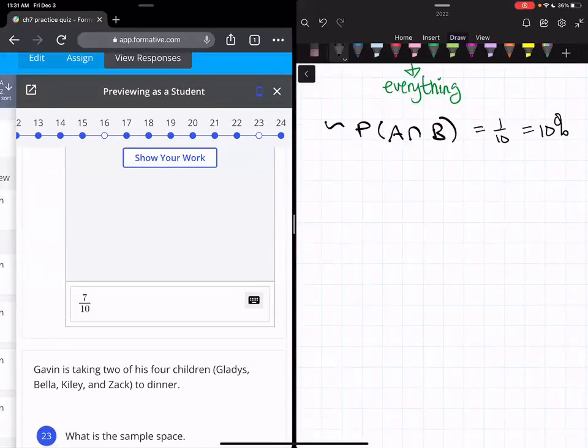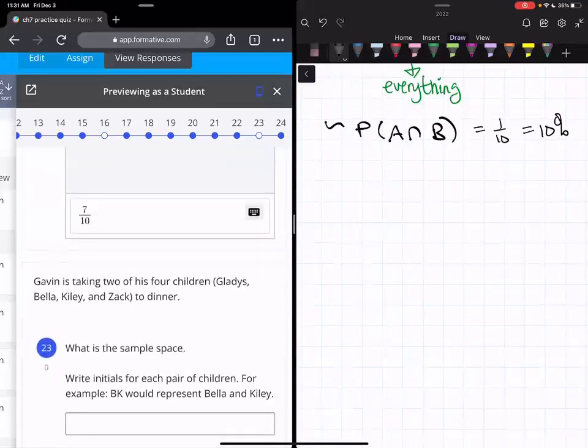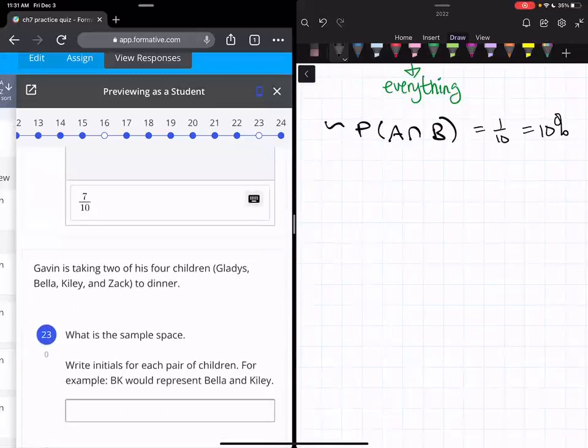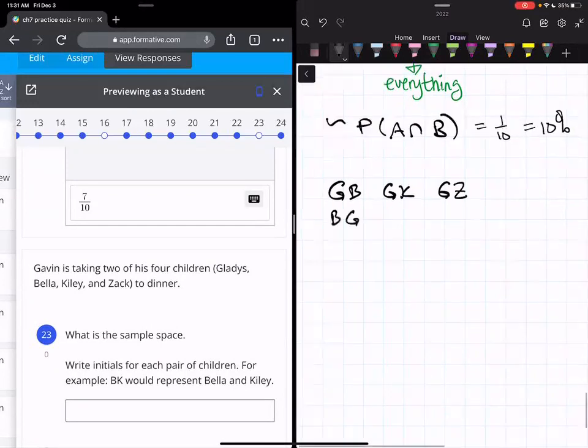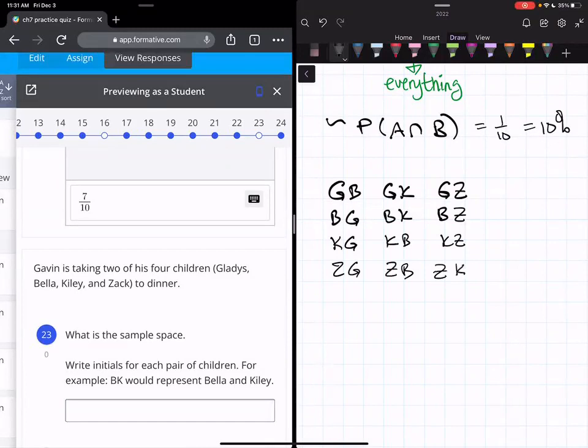Gavin has 4 kids. He's taking them to dinner. What is the sample space? Okay, so there's a lot here.